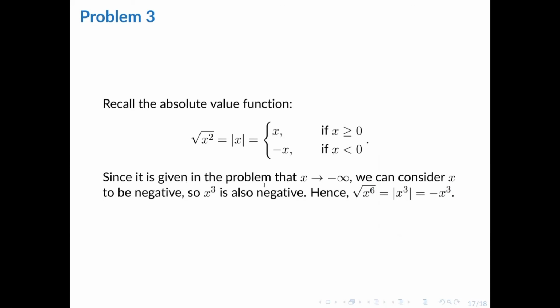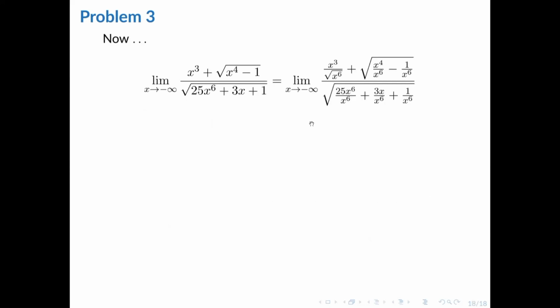Since it is given in the problem that x approaches negative infinity, we can consider x to be negative. So x cubed is also negative since the exponent is an odd number. So square root of x raised to 6 would be equal to negative x cubed. So going back to the solution, substituting negative x cubed to square root of x raised to 6, we will get this expression or function.